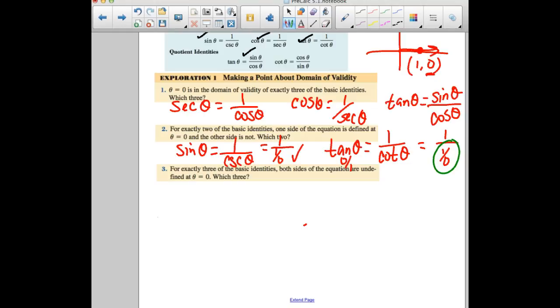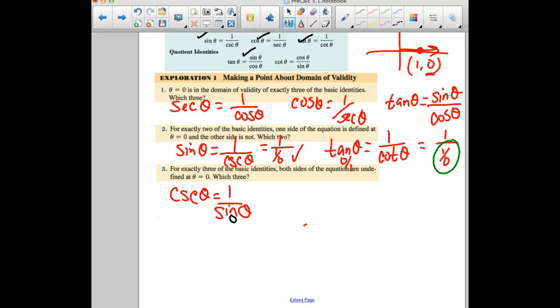All right, so the ones we have left over, cosecant of theta is 1 over sine. Okay, sine of theta is 0, so that doesn't work. We can't have 0 in the denominator. And the cosecant is the reciprocal of sine. All right, so it's not going to work there as well.